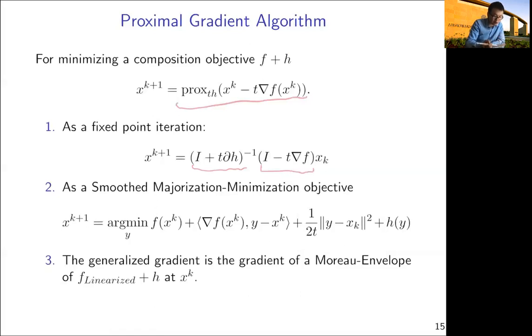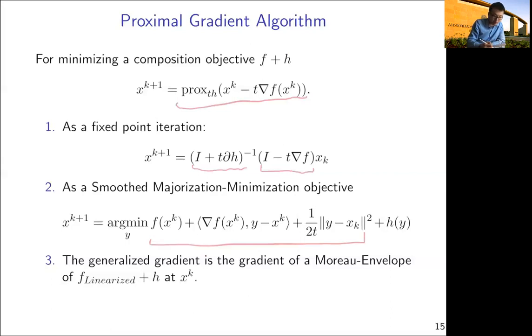Previously we've talked about the majorization minimization framework. And you can also think about this as solving a smooth version of the majorization minimization objective. So after we take the linearization of the smooth function f by doing the first order approximation, with t chosen such that we always have a valid upper bound, let's smooth the whole thing, right?